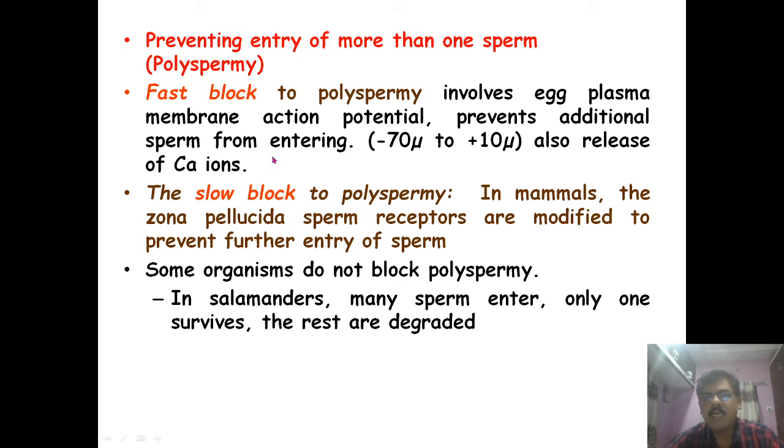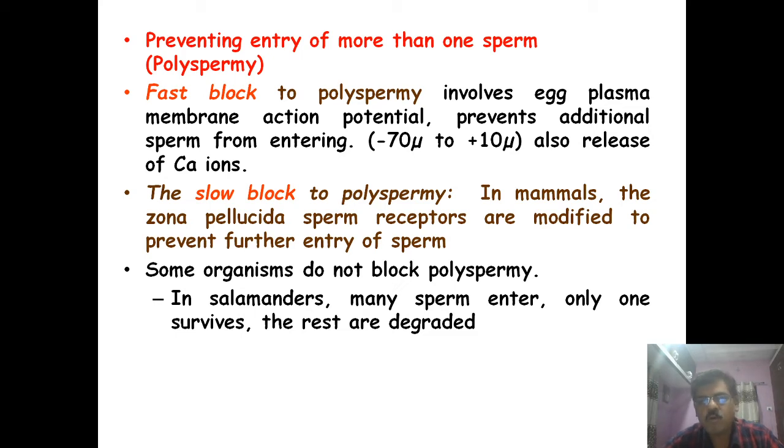Preventing the entry of more than one sperm is called prevention of polyspermy. Fast block to polyspermy involves an egg plasma membrane action potential that prevents additional sperm from entering, changing from minus 70 millivolts to plus 10 millivolts, and also releases calcium.